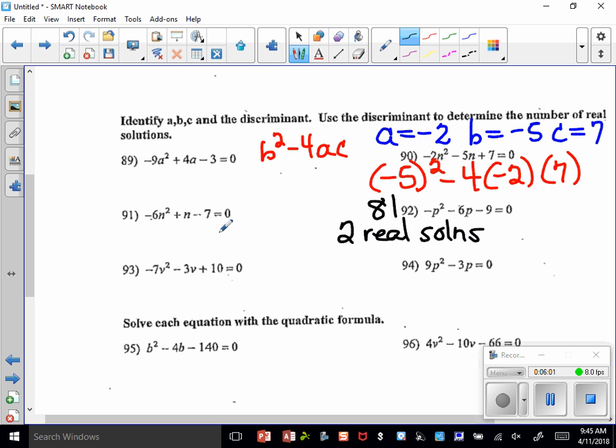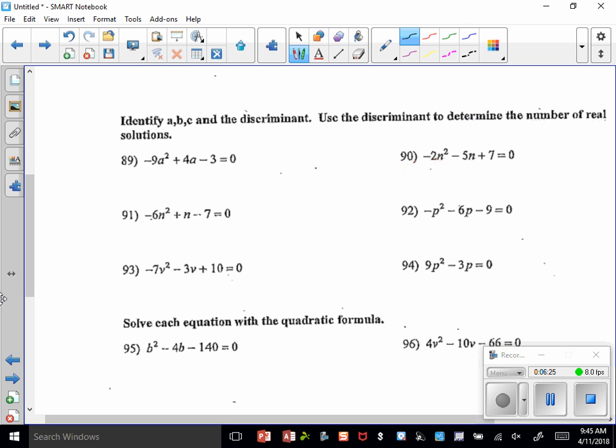Now keep in mind, let's look at 91, and let's say this said equals 6. What do you think you would have to do first? You would have to set it equal to 0. So always check first to make sure it's equal to 0. So let's do 91. Everybody work on 91. So A equals -6, B equals 1, C equals -7.